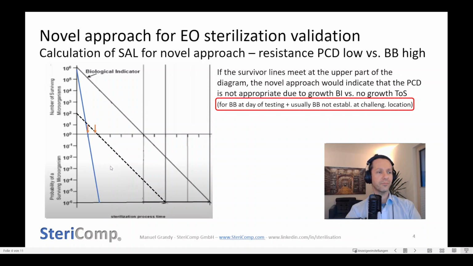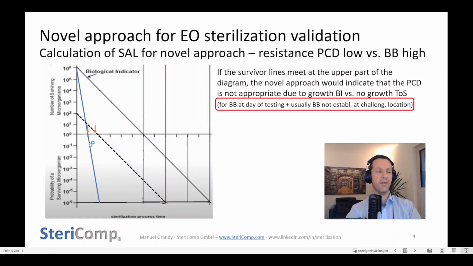So now, if you run a sublethal cycle in this window here, from here, for example, you would already see growth from your product bioburden here. Look at the chances here. And for your PCD, you would probably, or with a fair chance, get no growth. So the approach works.